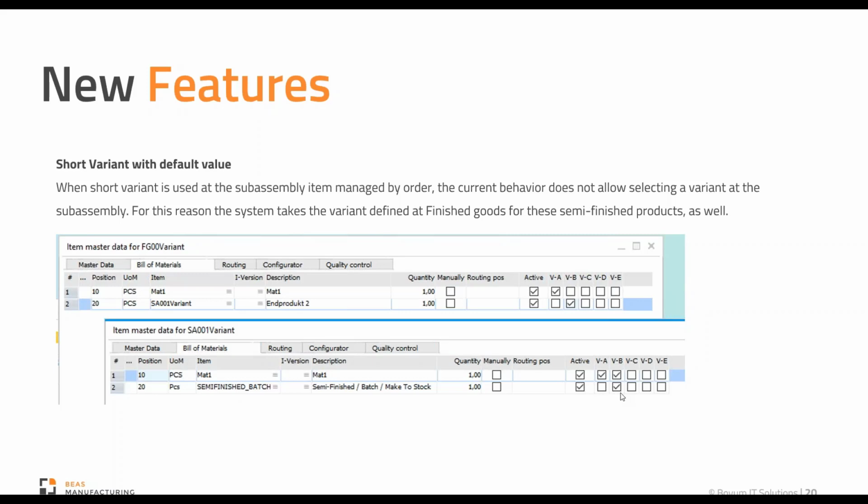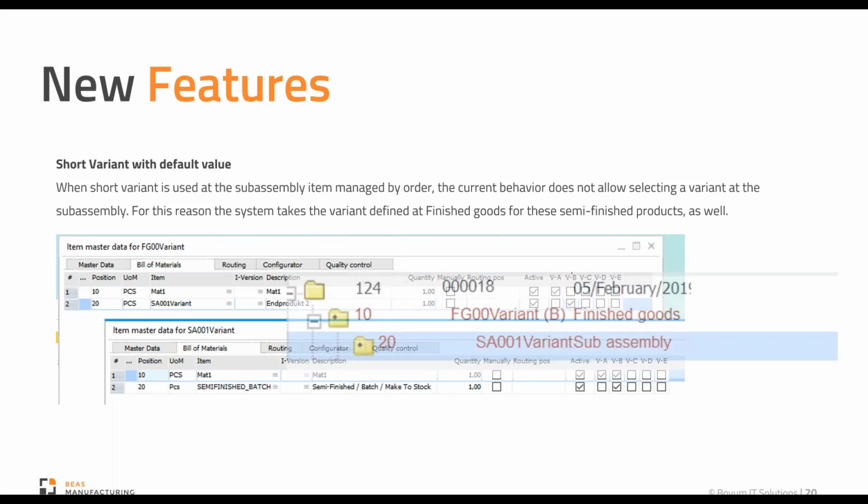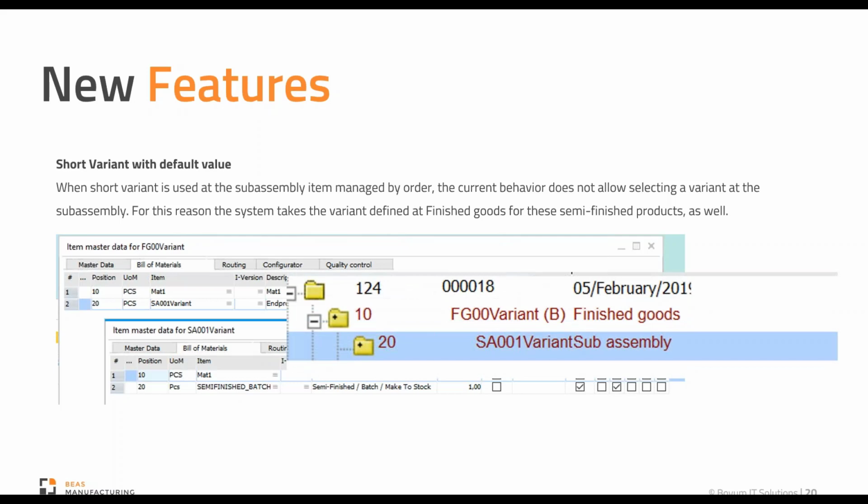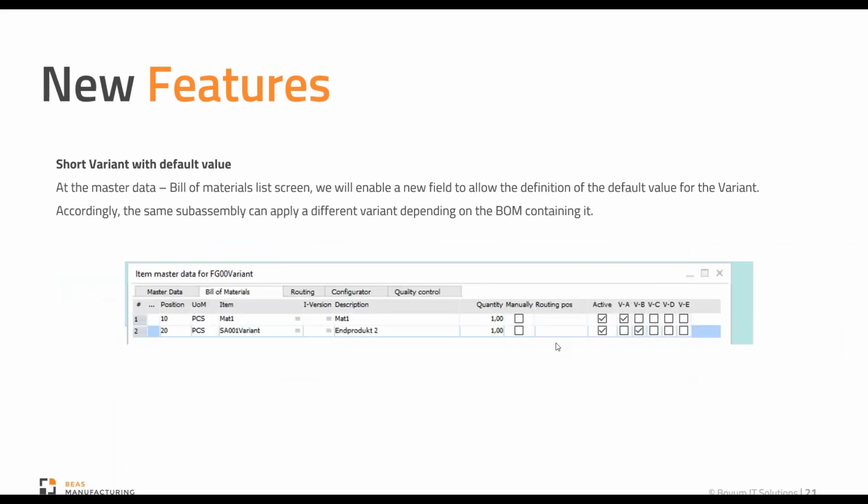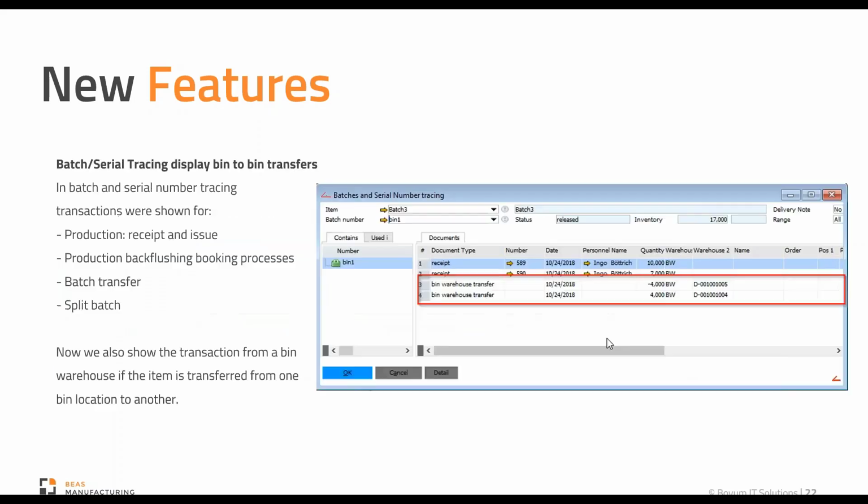So now we can actually indicate how we would like the bill of materials to explode in work orders based on these variants. I don't know how many of you have ever used it in the past. This is very useful for whoever really needs it, okay? So you can see here you have a variant B, and it's the same variant that will be used here, okay?